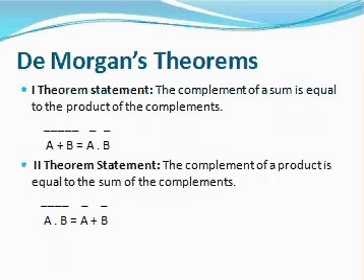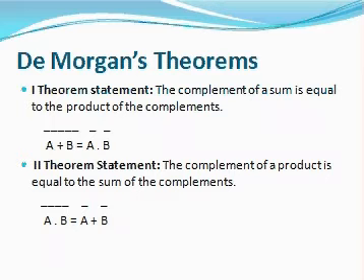And De Morgan's theorem. This is used to simplify any Boolean expression. De Morgan's theorem gives two statements: (A plus B) whole bar is equal to A bar dot B bar, and (A dot B) whole bar is equal to A bar plus B bar.